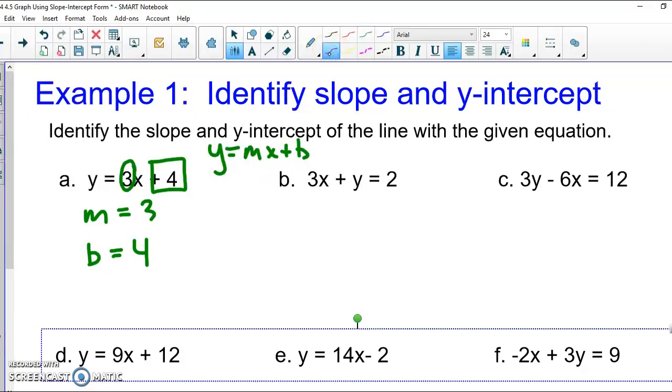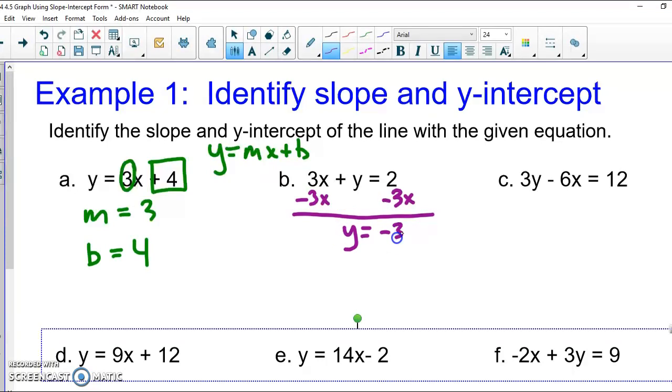On letter B, though, we have an equation that's written in standard form, 3x plus y equals 2. So let's go ahead and solve for y to get this in slope-intercept form. So if I want y by itself, I need to get rid of 3x. So I will subtract 3x from both sides. That leaves me just with the y on the left-hand side.